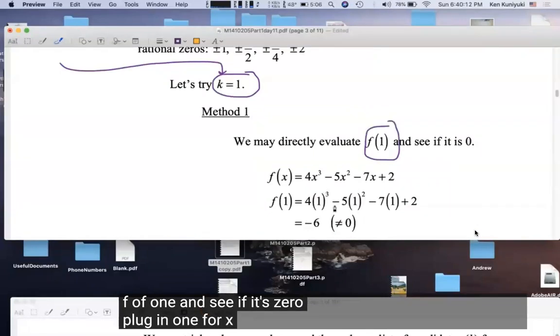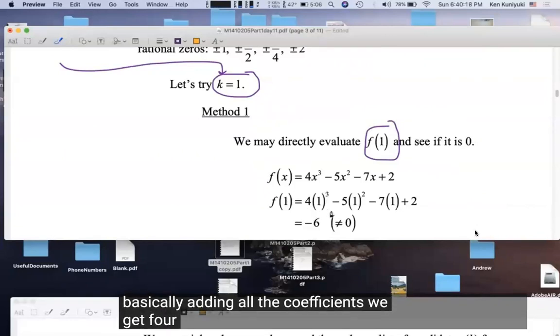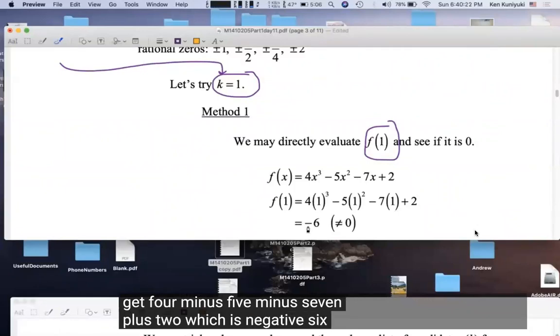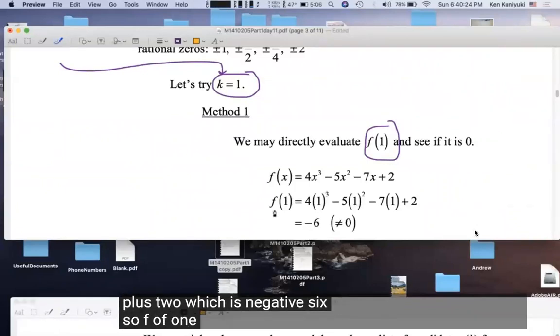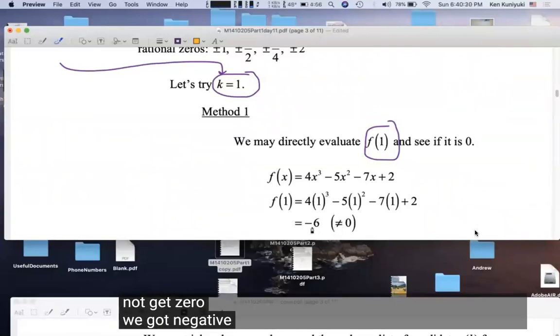Plug in 1 for x. Notice that we end up basically adding all the coefficients. We get 4 minus 5 minus 7 plus 2, which is negative 6. So f of 1 is negative 6. The key thing to observe is that we did not get 0. We got negative 6.